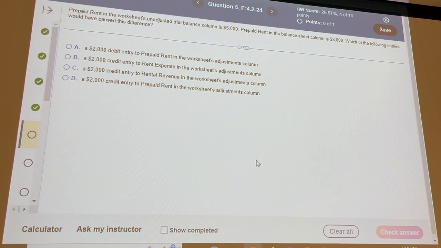Okay, prepaid rent in the worksheet's unadjusted trial balance column is $5,000. Prepaid rent in the balance sheet column is $3,000. Which of the following entries would have caused the difference?